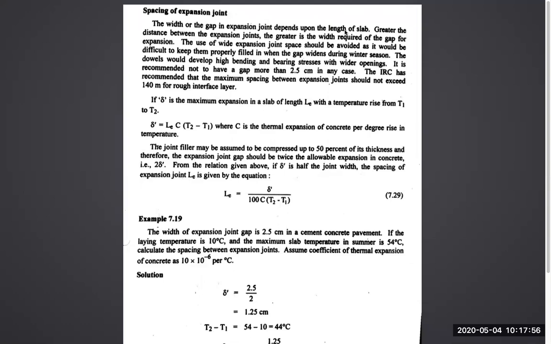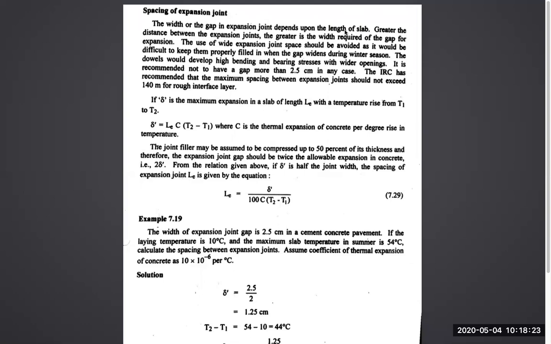So with seasonal variation in the temperature, when there is an increase or decrease in the overall temperature of the CC slab, it leads to expansion or contraction of the CC slabs. Okay. So to cater for this expansion and contraction, we provide certain gaps in the case of CC or rigid pavements.